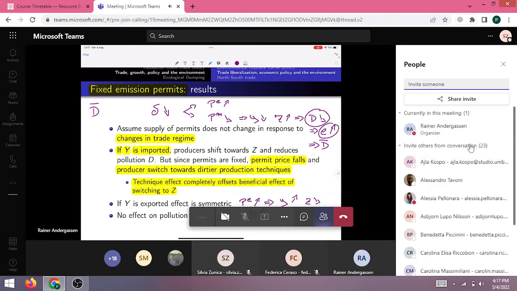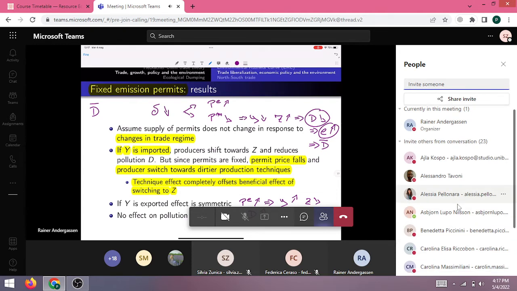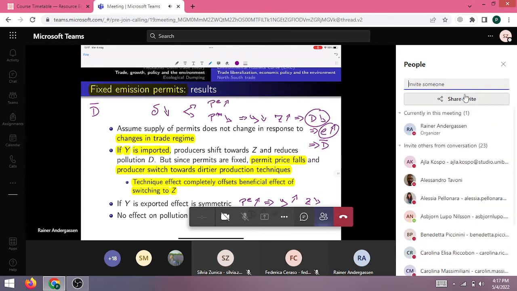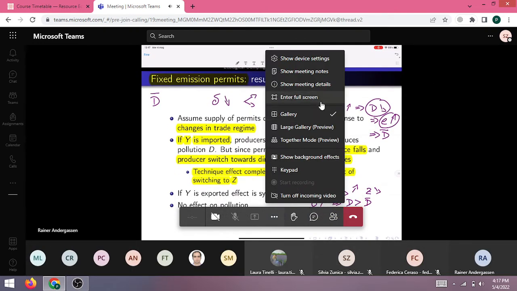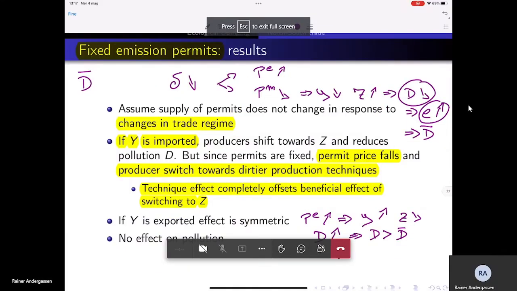But now you have an excess demand. You have an excess demand of permits. So you have that D now is larger than D upper bar. You have an excess demand, and therefore the price of permits increases.